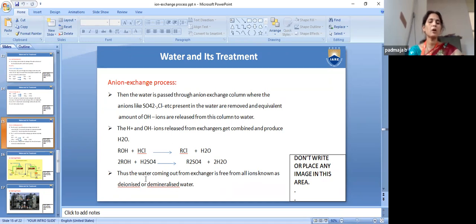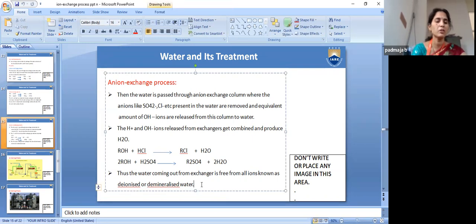So the water coming out from the exchanger is free from all ions, free from all cations and anions present in the hard water. So it is called deionized water. This method is also known as the deionization method. That water is called deionized water or demineralized water.